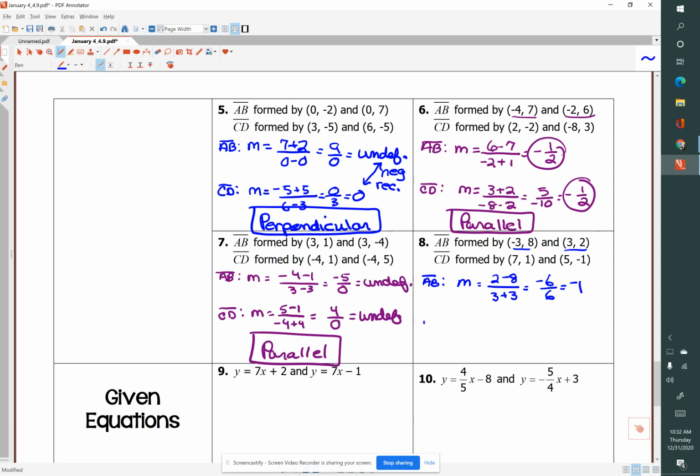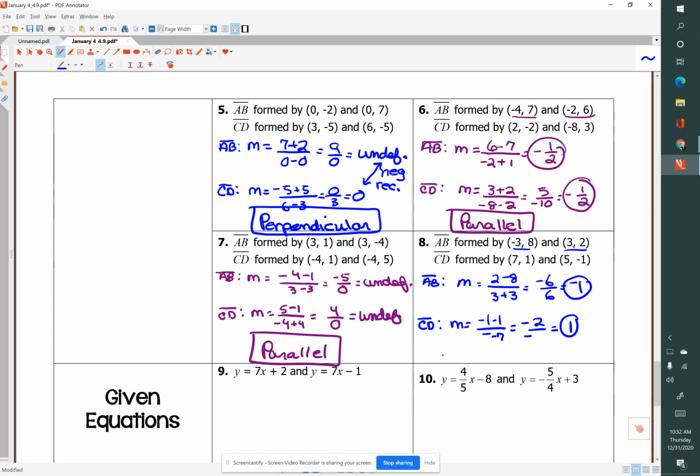For the second set of points, line CD, we'll evaluate the slope. -1 minus 1 divided by 5 minus 7, which equals -2 over -2, which simplifies to 1. These two are the negative reciprocal of each other, so these lines are perpendicular.